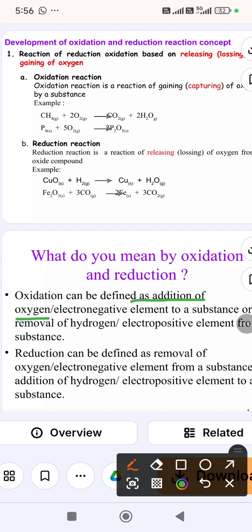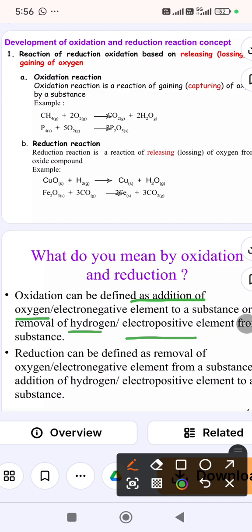Oxygen itself is electronegative. Or we can say removal of hydrogen or any electropositive element. Hydrogen is also electropositive. Gaining oxygen or any electronegative element is called oxidation.